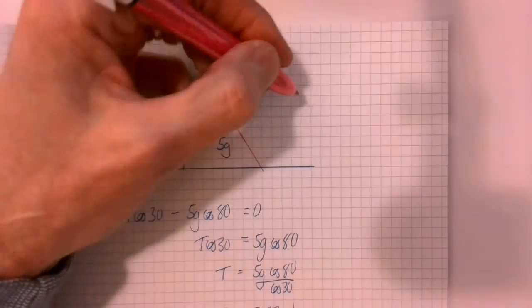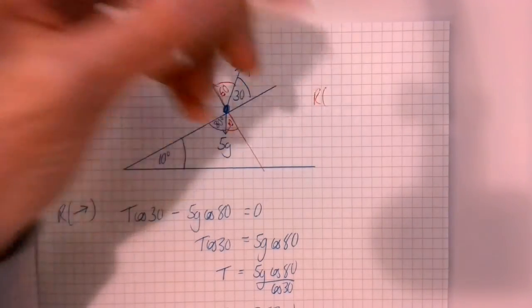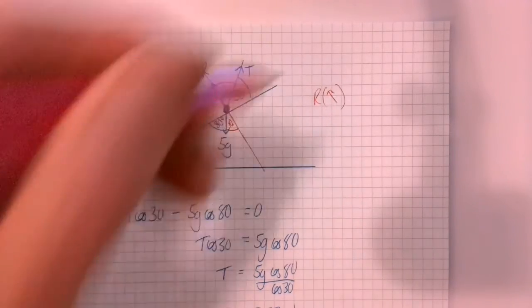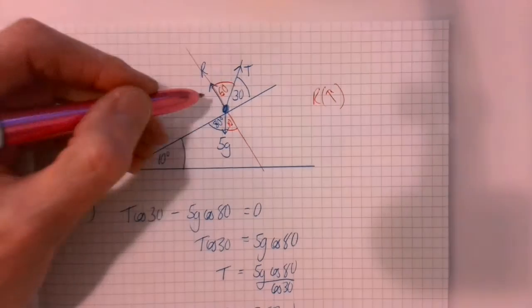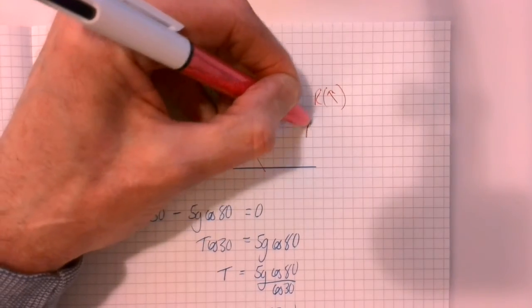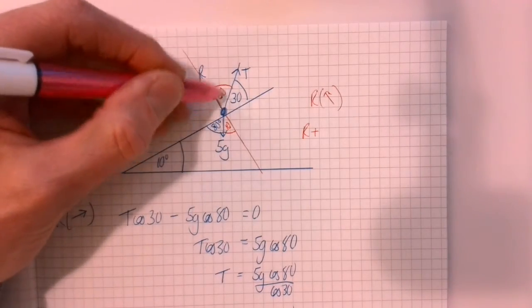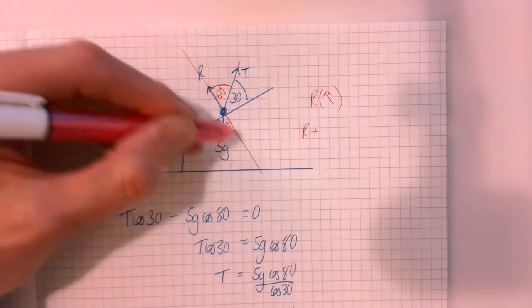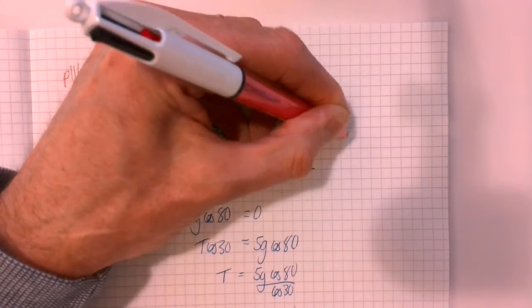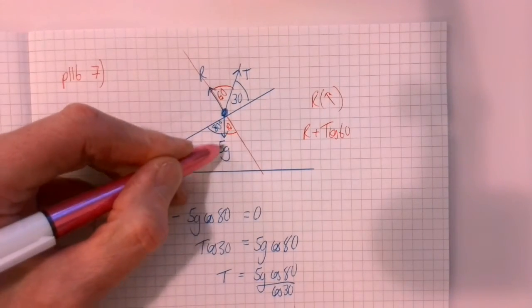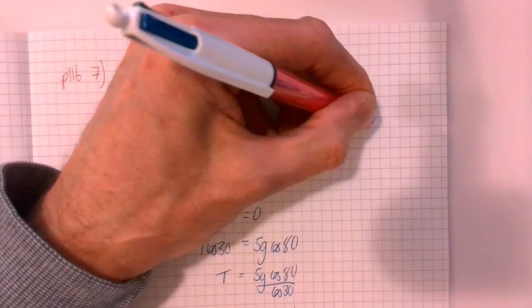So resolving at right angles, I've got 3 forces involved. So I've got R going up, I've got t cos 60. Remember, this is the angle I'm resolving in. So that's t cos 60. And coming down, I've got 5g cos 10.